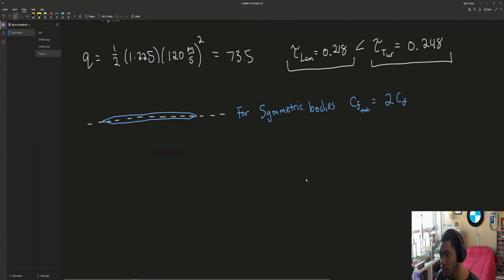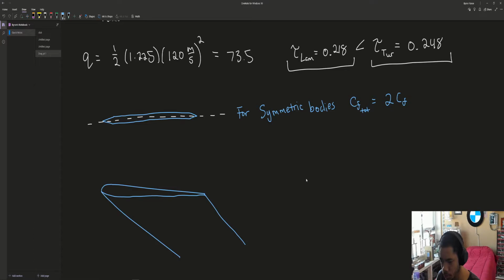Now, if we are looking at the 3D plane, take some airfoil here. We have some wing. The actual CF in the 3D plane is equal to the integral of all your CFs at any given y from root to tip.